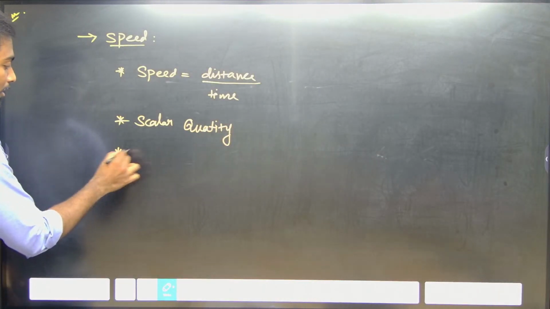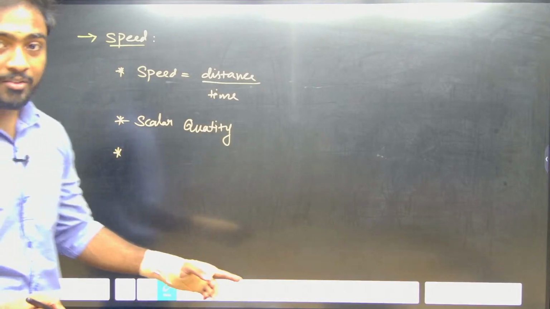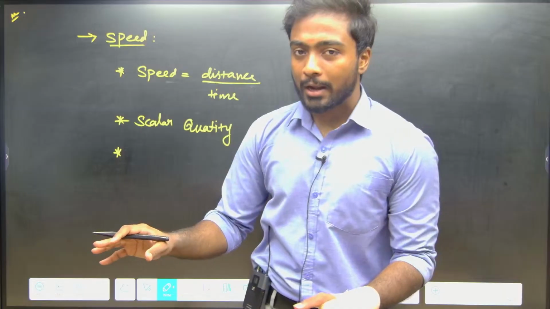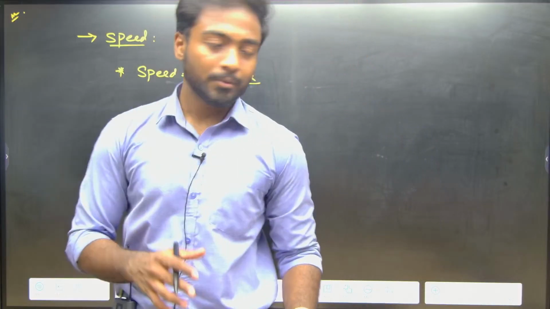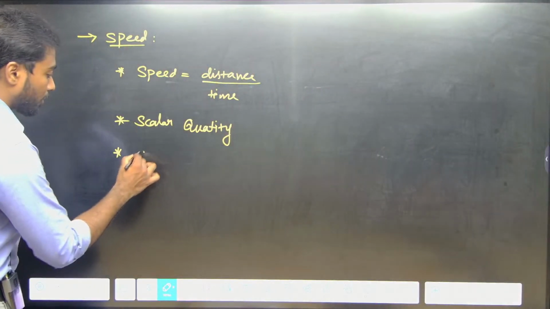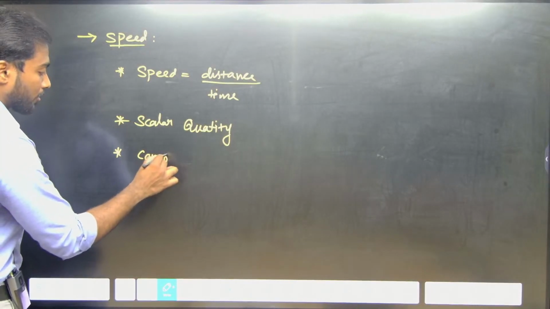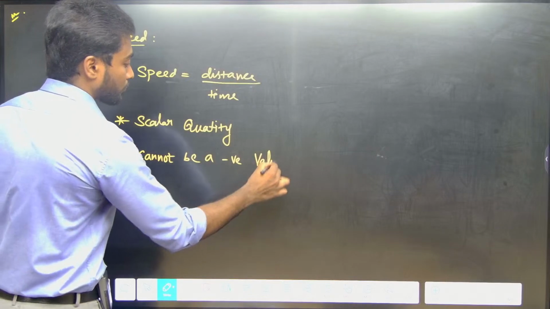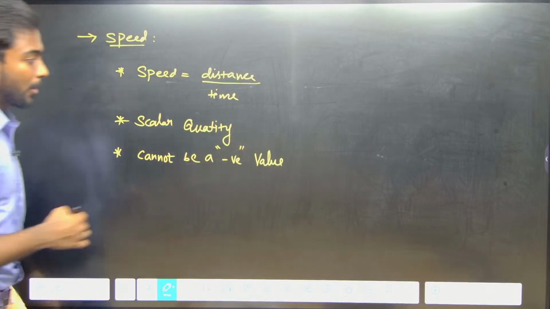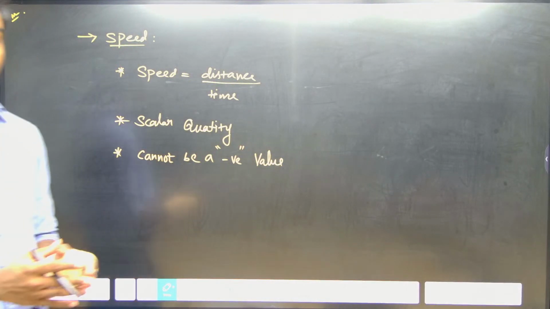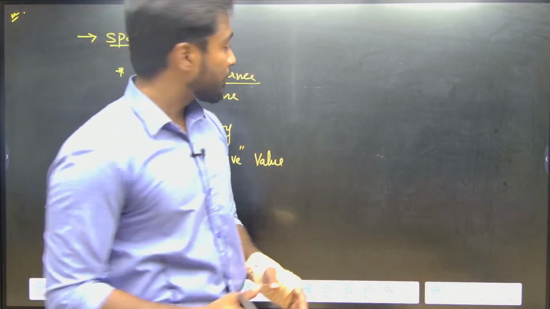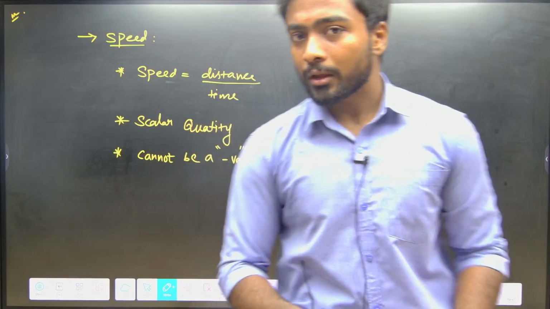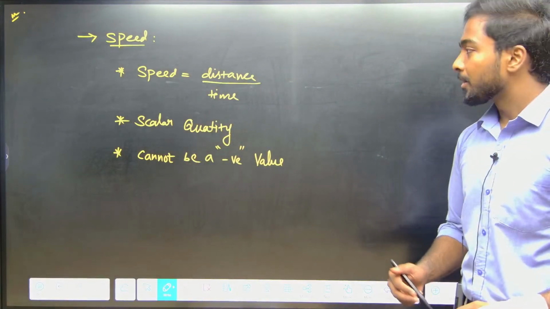Distance can be 0 or a positive value, it cannot be negative, so speed also cannot be negative. These are important points to remember when solving problems. If we get a negative value, somewhere we are making a mistake in the question.